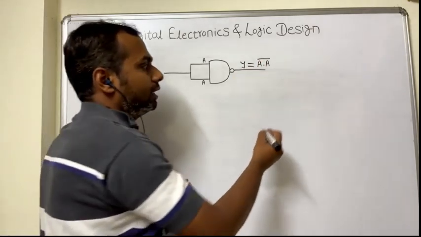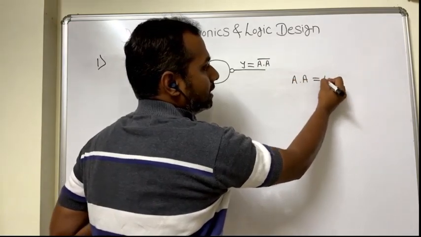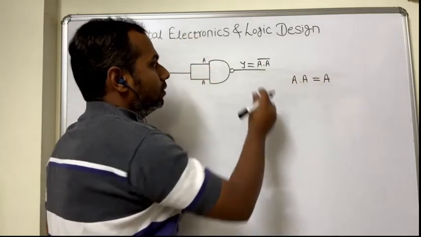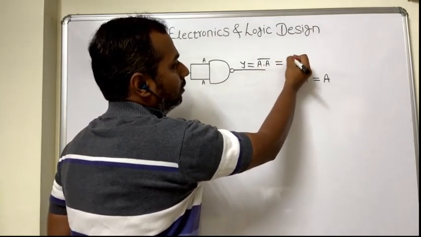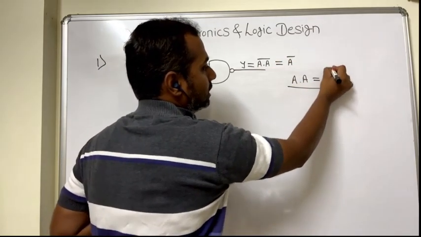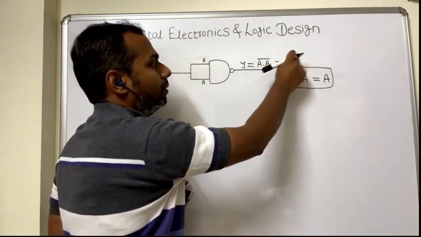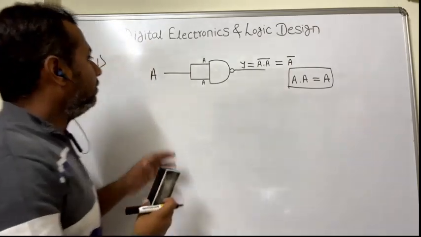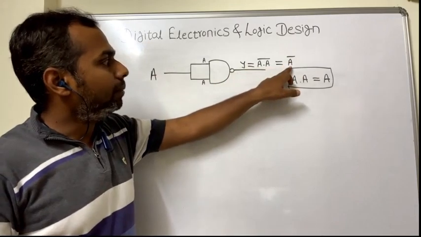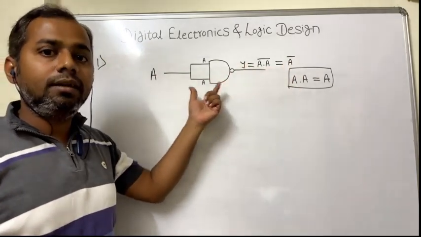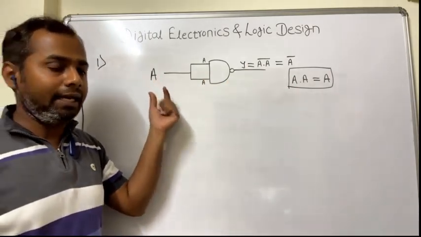And we know the logical theorem A and A is always equal to A. So if an A and A operation is there, then I can write only A by using this logical theorem. Instead of A and A, I can write A, and the complement is as it is. So if I am applying A as an input to NAND gate, I am getting its complement as output. So this is the realization of basic logic NOT gate using NAND gate.